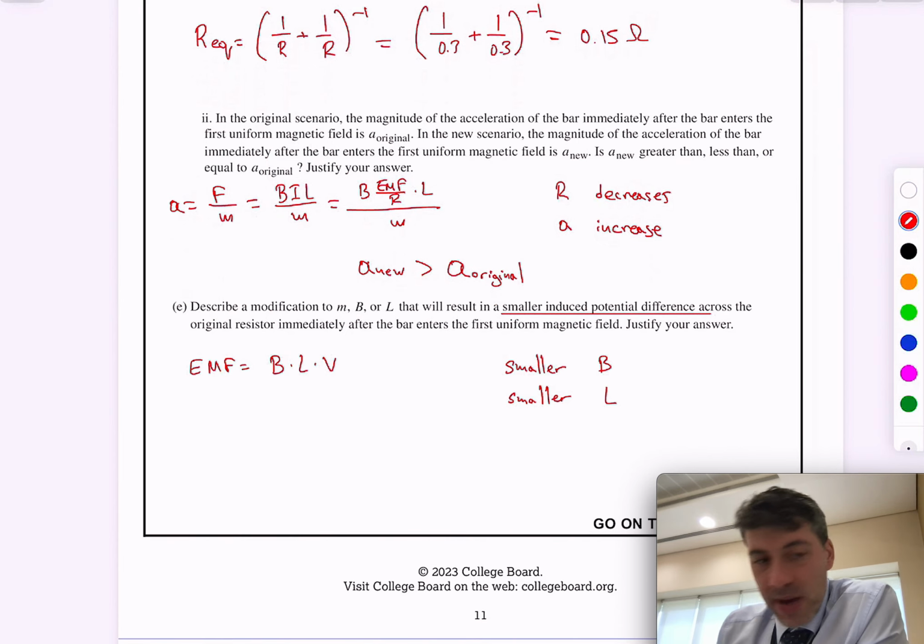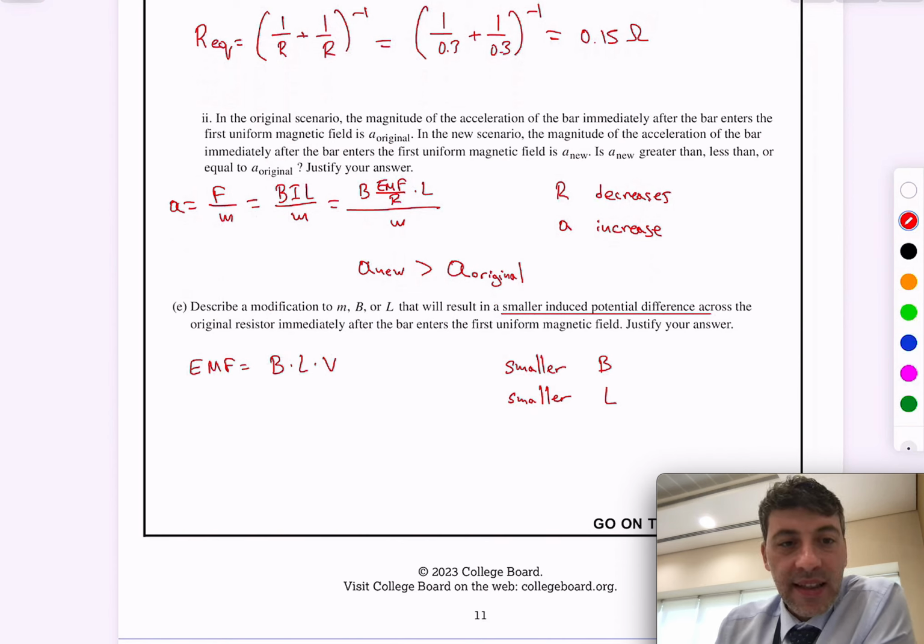Now regarding the mass, I'm not sure that it plays a part, but we can say that the mass plays a part on the acceleration of the rod.